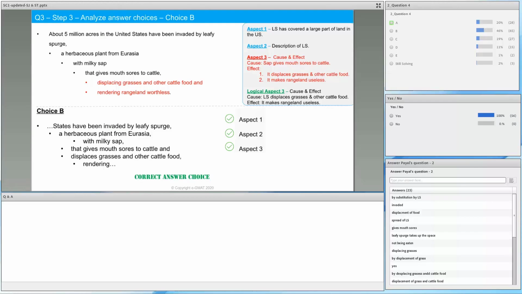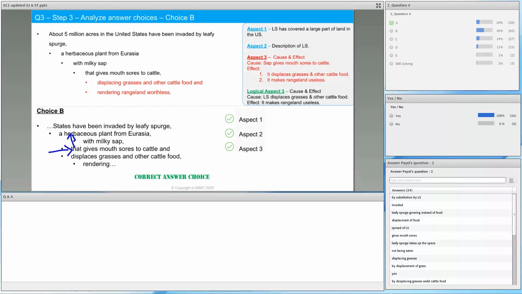What does it say? 5 million acres in the United States have been invaded by leafy spurge. This is fine. A herbaceous plant from Eurasia. So we are still at aspect 2 with milky sap. Okay, another description that gives mouth sores to cattle. Okay, so now in this version of the sentence, it is saying that it is the herbaceous plant that gives mouth sores to cattle.